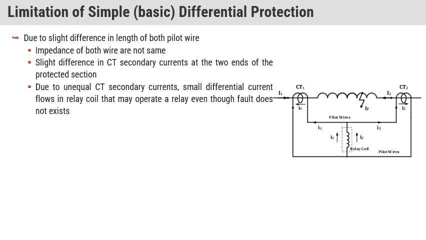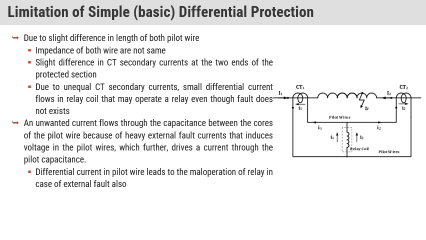Due to a slight difference in the length of both pilot wires, the impedance of both wires is not the same. So there is a slight difference in the CT secondary currents at the two ends of the protected section. Due to the unequal CT secondary current, a small differential current flows in the relay coil that may operate the relay even though the fault does not exist.